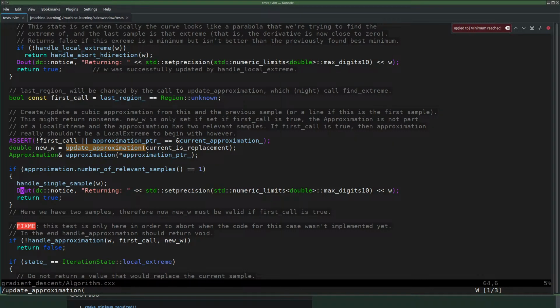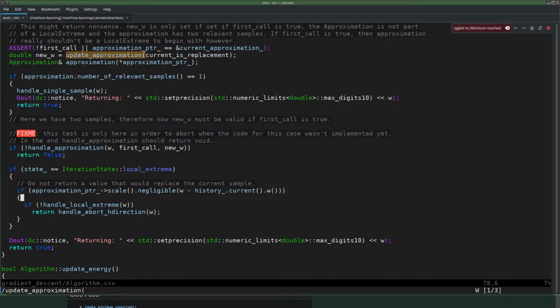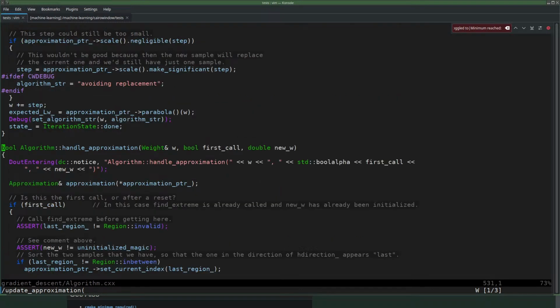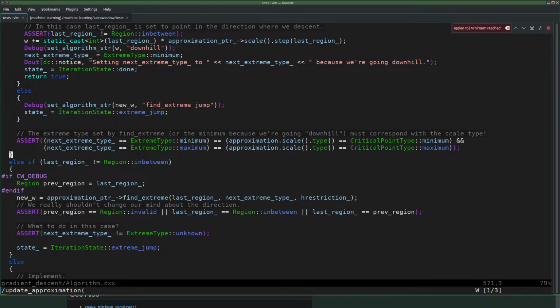And then I can ignore this, and then we get here, and then we call handle approximation while first call is false and find extreme is not called yet. So this is false, and then the find extreme is not called yet.